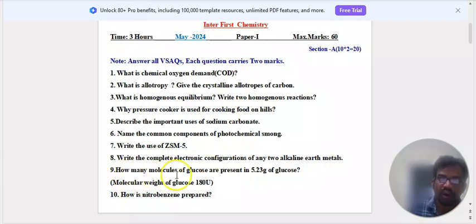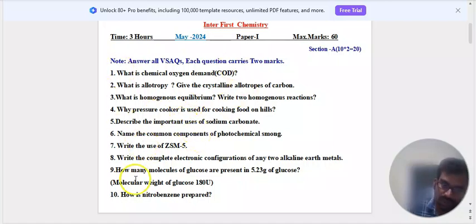Ninth question is how many moles of glucose are present in 5.23 grams of glucose, the molecular weight of glucose being given as 180. And the last question is how is nitrobenzene prepared. This is the May 2024 question paper in IPE exams.